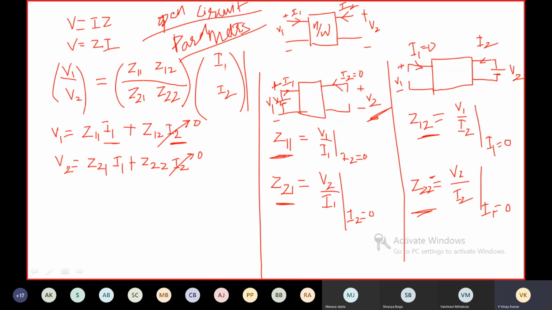Where Z11 and Z22 are called driving impedances.